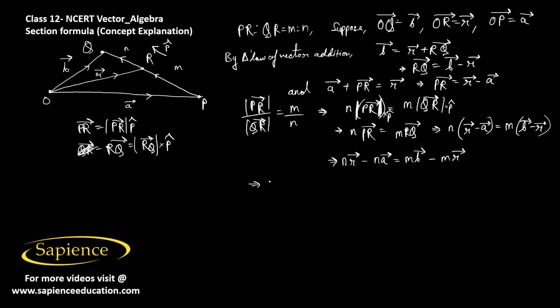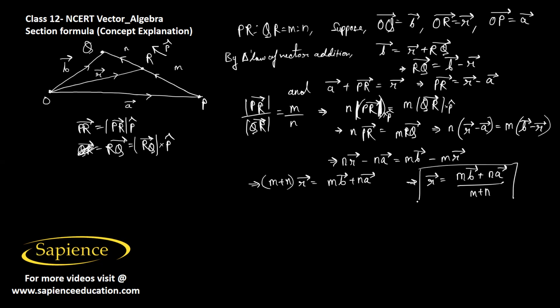So therefore from here we can say that M plus N into R vector equals M B vector plus N A vector. So therefore R vector equals M B vector plus N into A vector divided by M plus N. So this is the required position vector of the point R.